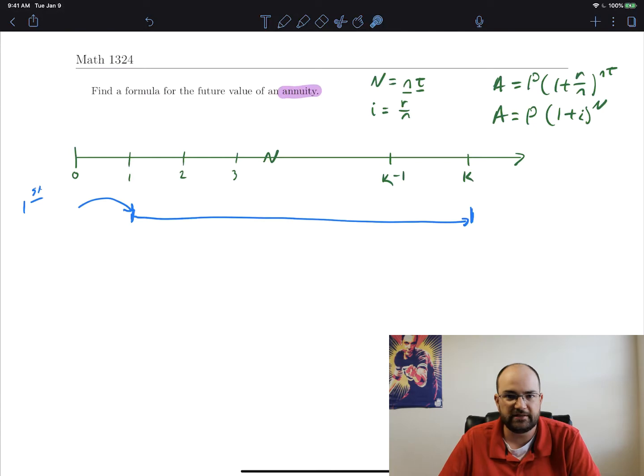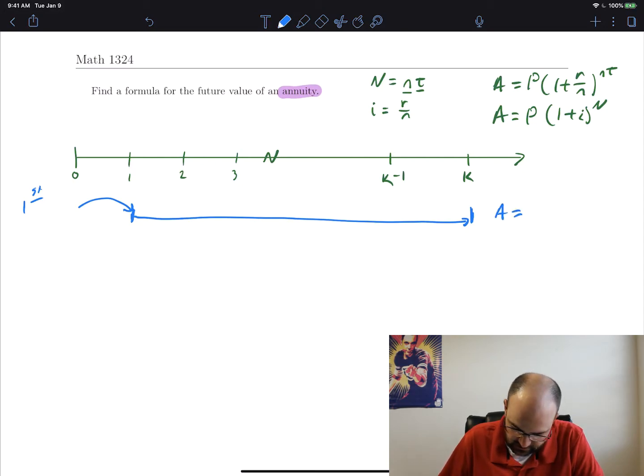Well, if you make the payment at the end of the period, you don't get any interest from this period. But then you've made the payment here, so this is going to be compounded here, here, and so on and so forth. So it goes 1, 2, and notice it's always 1 less than this, so whenever I get over here, the future value of this is going to be whatever that payment is.